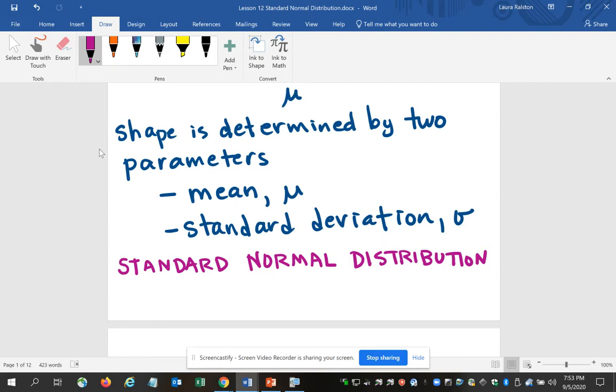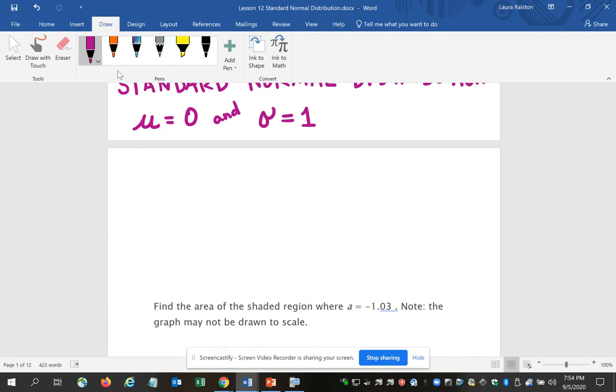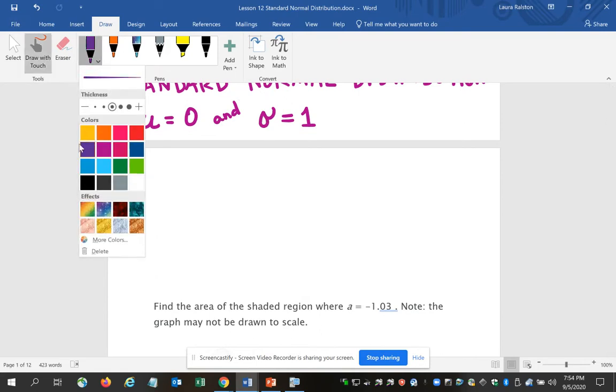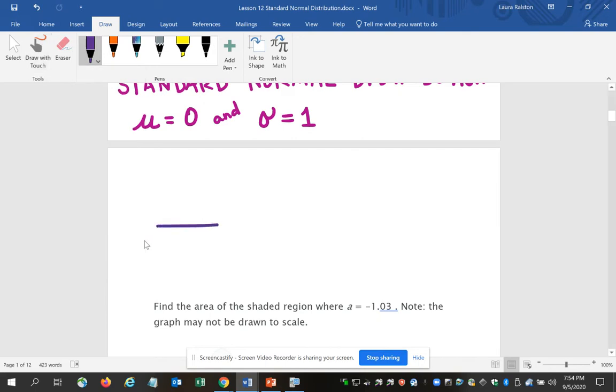For the standard normal distribution, your mean is 0 and the standard deviation is 1 every time, all the time. So visually, if you're looking at a picture of your normal distribution, you would have the horizontal axis, your bell-shaped symmetric curve, the mean, which is the measure of center, would be 0 and your standard deviation would be 1.